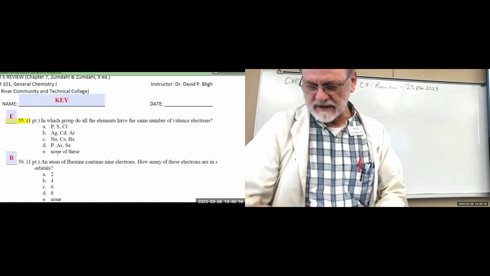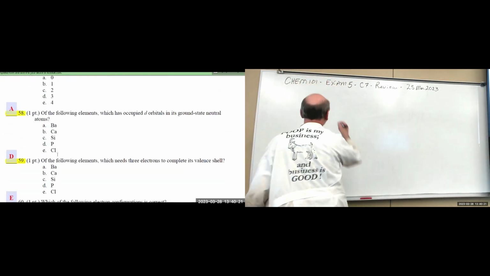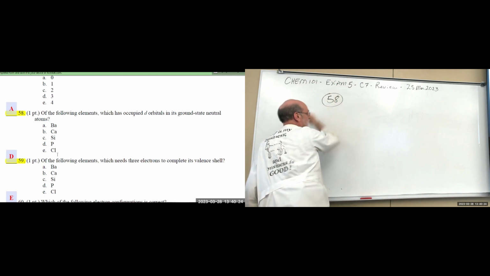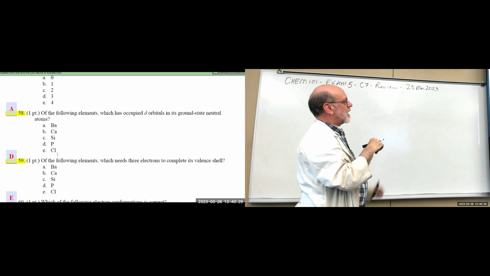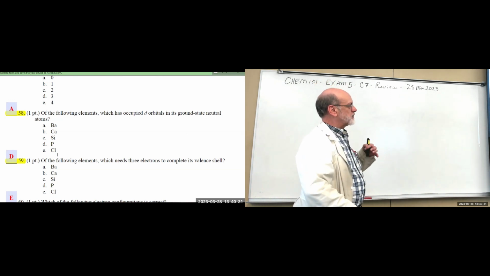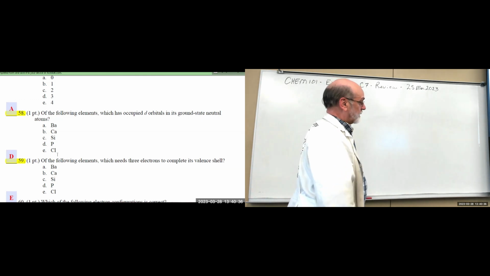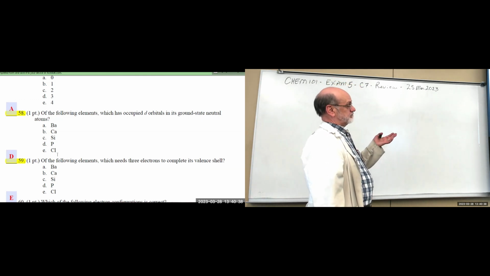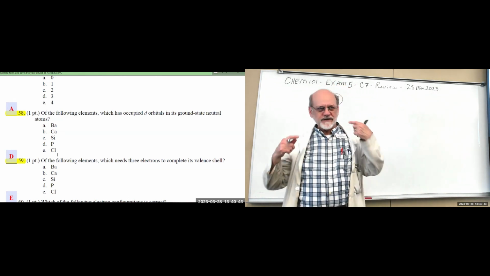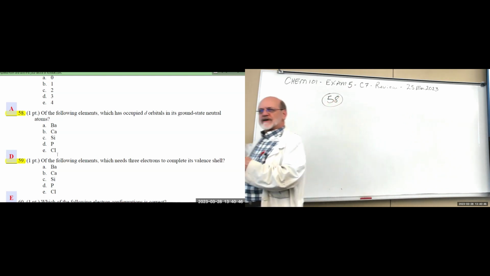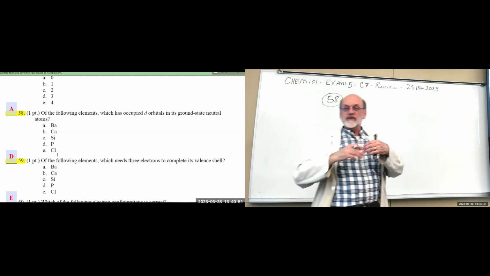All right, still got some time. 58, 59. Which of the following elements has occupied d orbitals in its ground state, neutral atom? Occupied d orbitals. That's a tricky question because the first thing you think of is to go to the transition metals and see if they're there. If you go to the transition metals, that just means that those are the orbitals being filled.